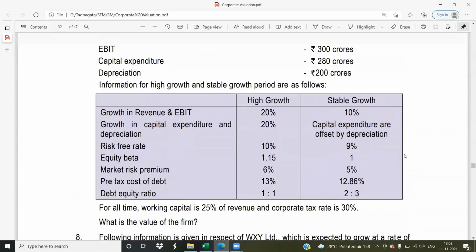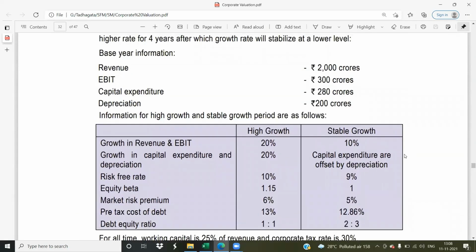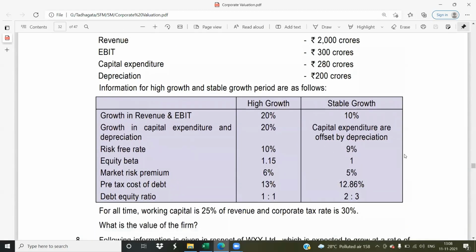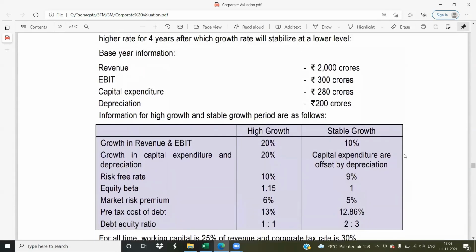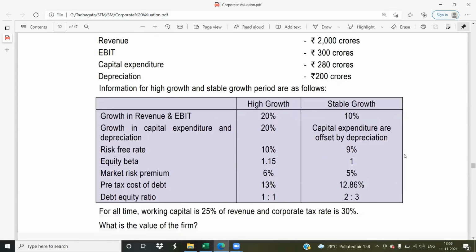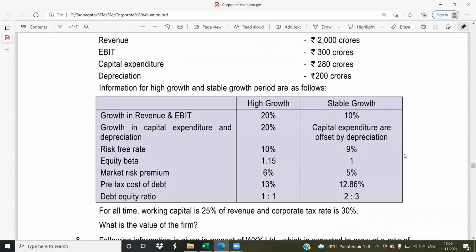So, don't you think this problem is similar to problem number 3? How do you approach the problem? It is very simple. Just like problem number 3, first you take EBIT for all the years, both for the high growth period and the stable growth period. Then you subtract interest.